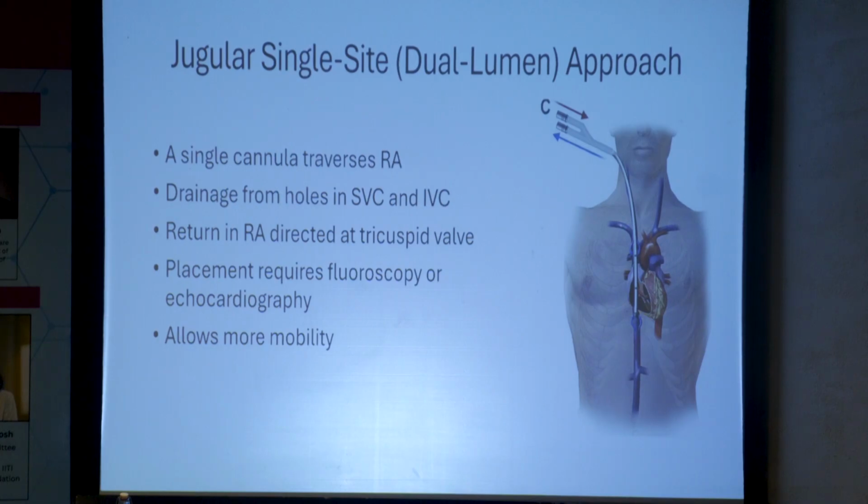You don't want it to go into the tricuspid valve or into the right ventricle. If it does, you can have major problems with cardiac injury, arrhythmia, tamponade, perforation, not trivial or subtle complications. This has been tried at the bedside with serial x-rays. I've been involved in those processes.